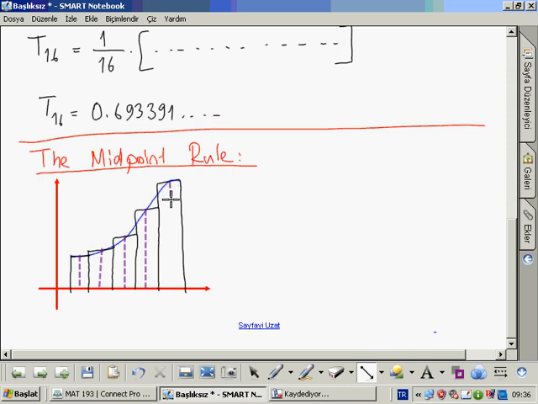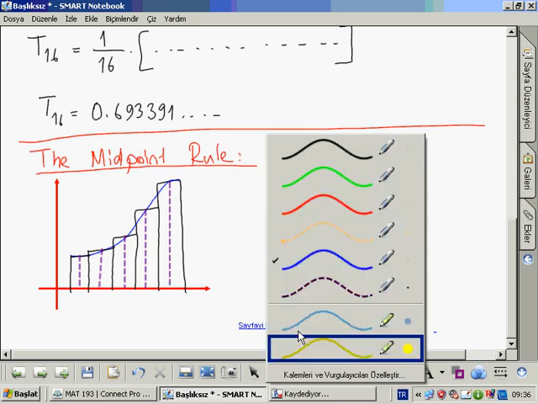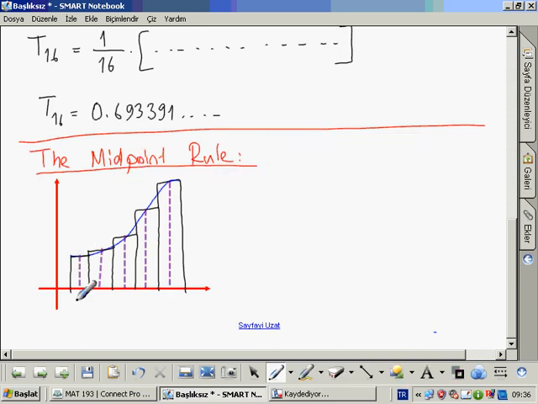These points are M1, M2, M3, up to Mn, and y equals f(x), and of course x starts here at x0, and this is xn.